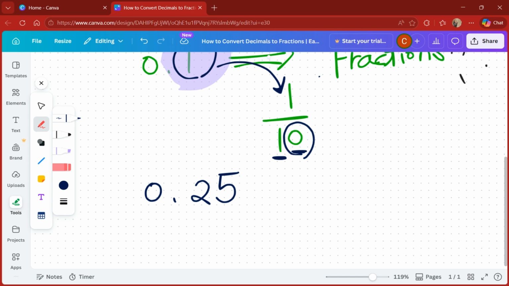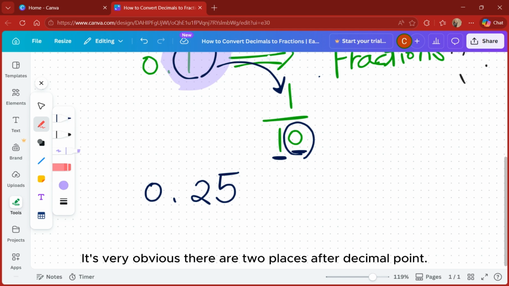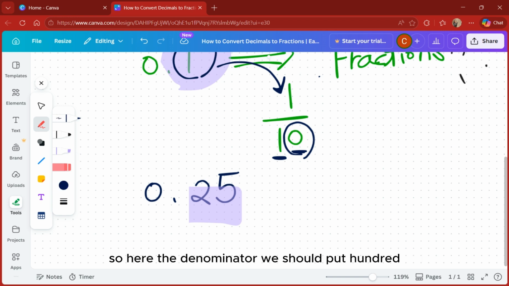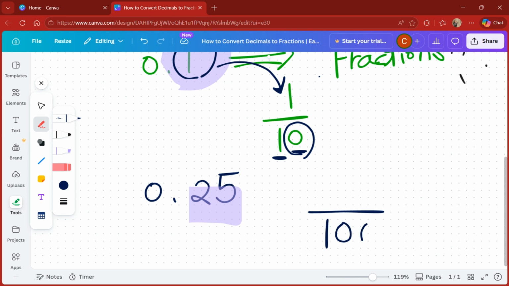0.25. It's very obvious. There are 2 places after the decimal point. So here the denominator we should put 100.